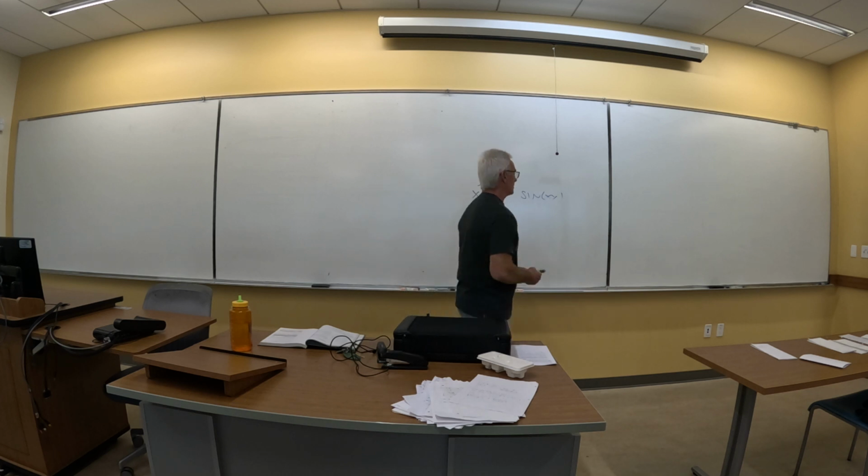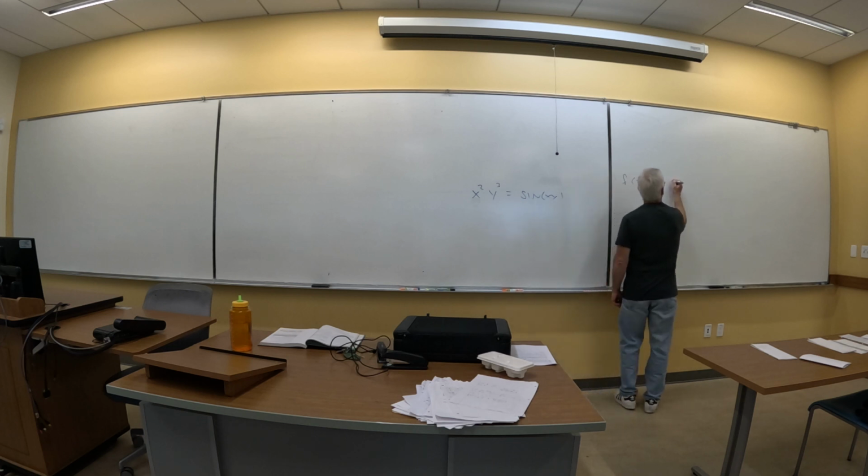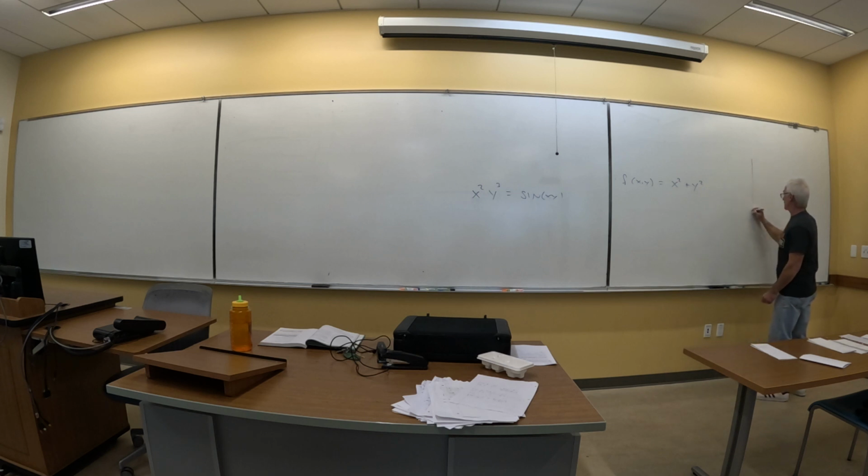A circle is not a function, but a circle is a very important shape. How do I make a circle a function? I want to remind you of stuff that you really do know.